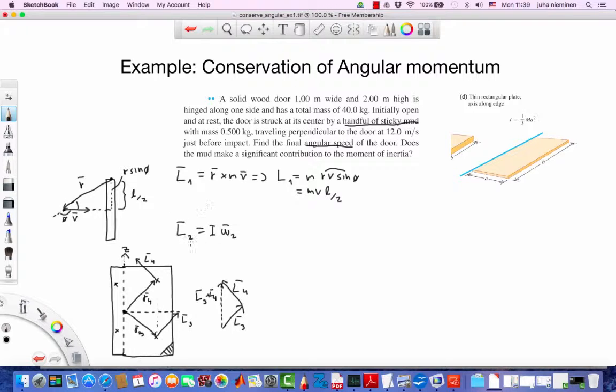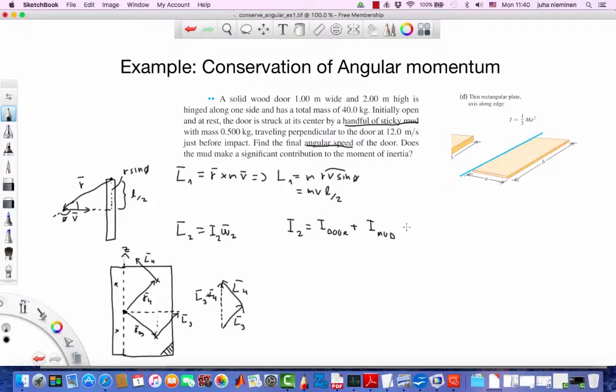But we are good to proceed back into this problem. So what do we need for L2? We need the moment of inertia after the impact, and that's going to be the moment of inertia of the door plus that of the mud.